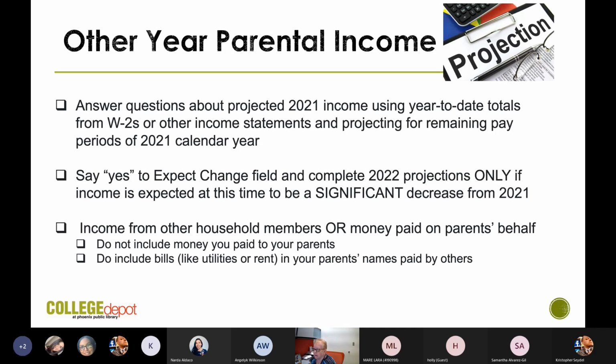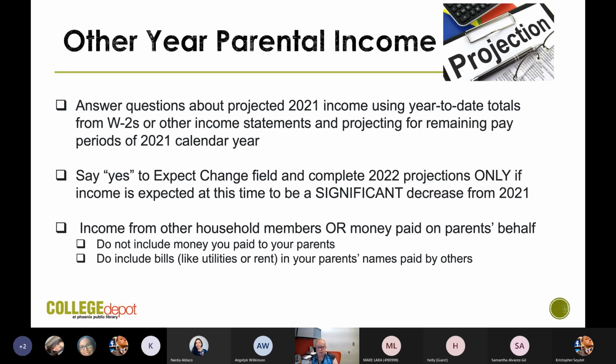I want you to notice too, in box 3, parent income and benefits is much more extensive than it is on the FAFSA. First of all, if you are earning Social Security benefits that were not reported on the tax return, then you must list those benefits here. Now, that will not be true for most of you because most of us are not getting Social Security yet.